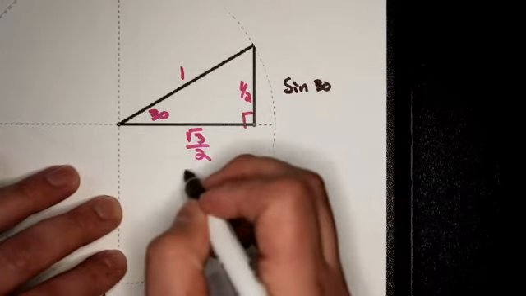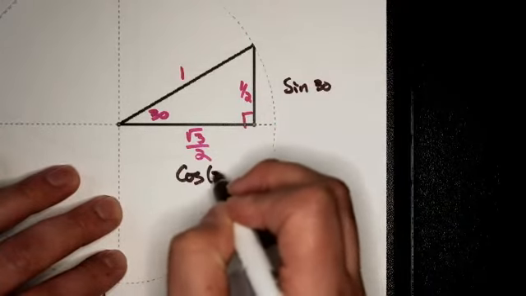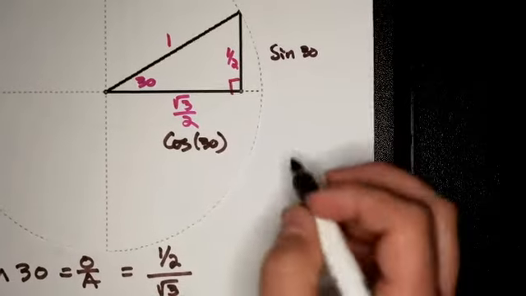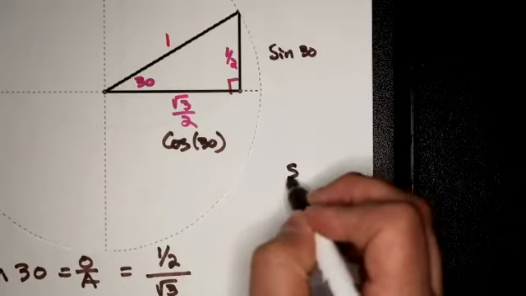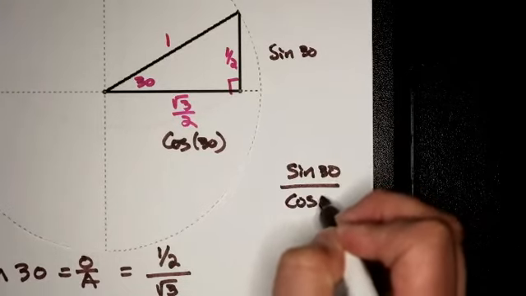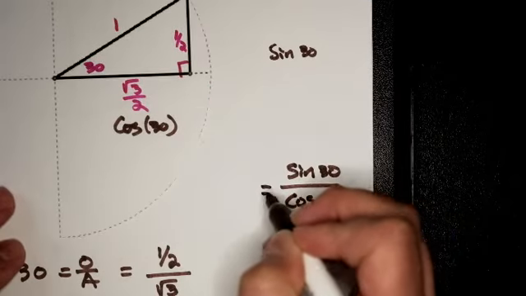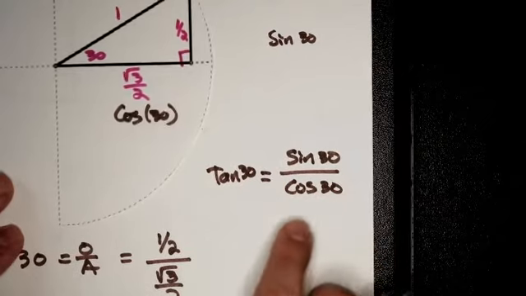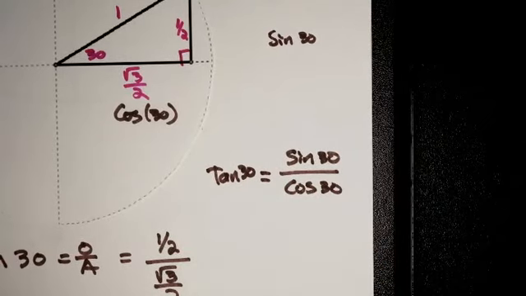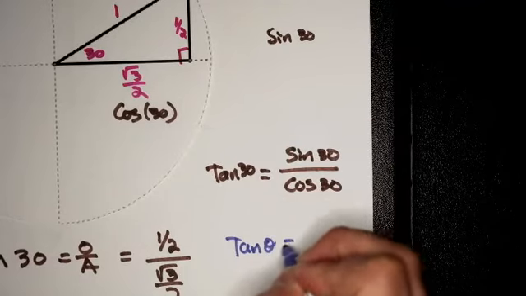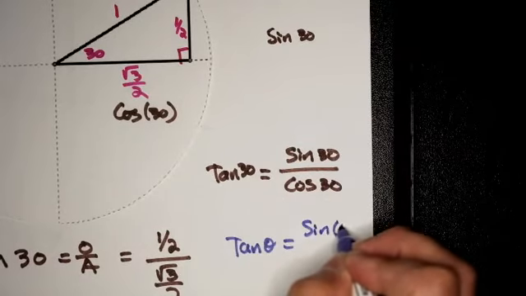The adjacent side was the cosine of 30 degrees. So when I put opposite over adjacent, what I'm really doing is putting the sine of 30 over the cosine of 30, and that equals the tangent of 30. And this breaks us down to our first trig identity we're going to learn this year, and that is that the tangent of theta equals sine over cosine.